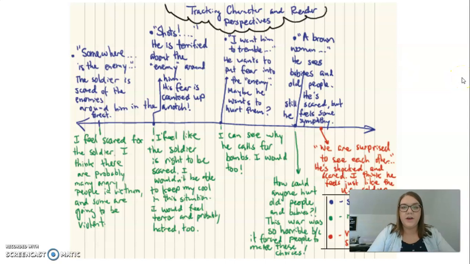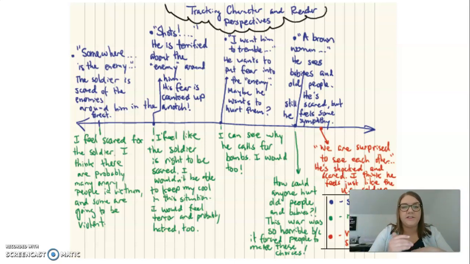Here's an example of what you can do in your journal today. You're going to be tracking the perspective of a character as well as your own perspective. You can see this person made a timeline, and they put quotes on how and when the character's perspective was changing.